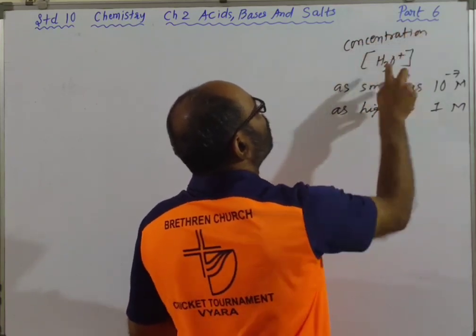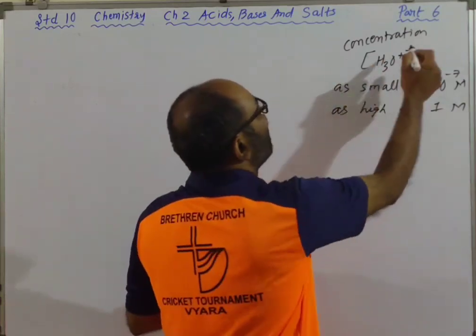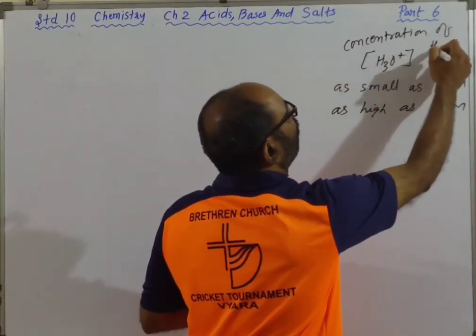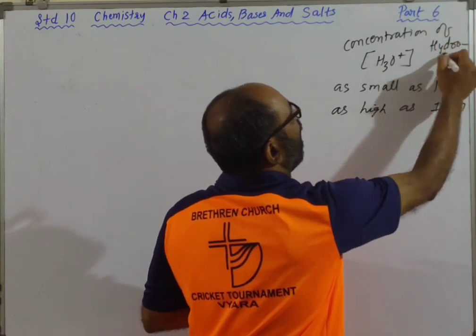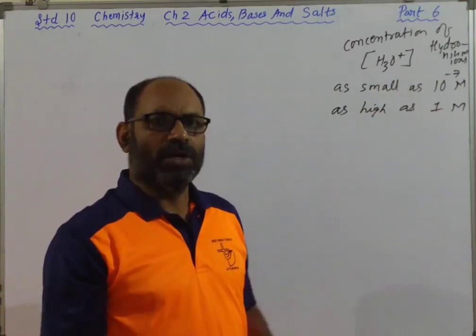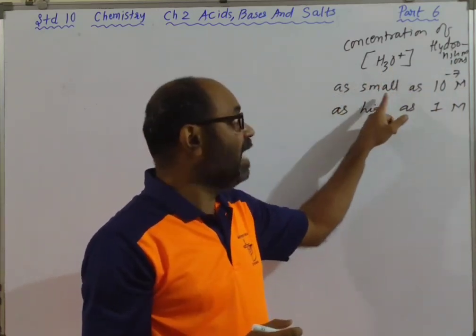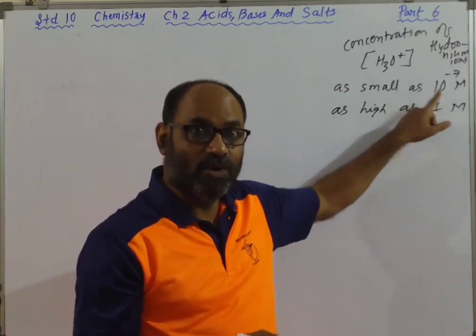So in square bracket if hydronium ion is written, you can read this as concentration of hydronium ion. So in any solution, the concentration of hydronium ion is as small as 10 raised to minus 7 molar.